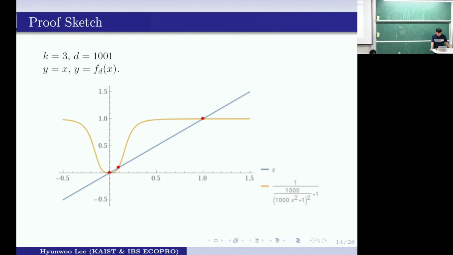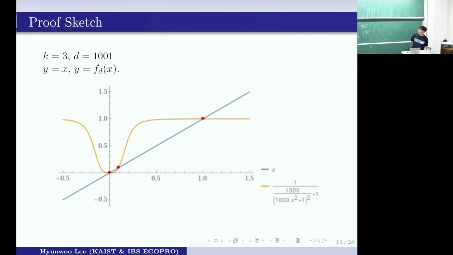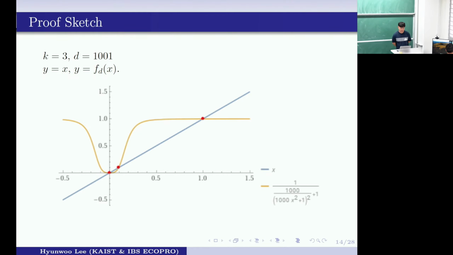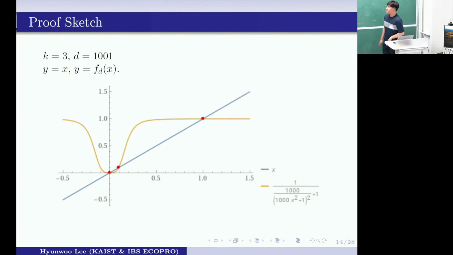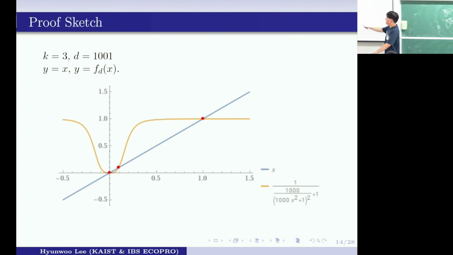But when k is 3 and we plot the graph y equals f_d(x) when d is 1001, the shape of the graph is very different from when k is 2. It has 3 intersection points with y equals x.